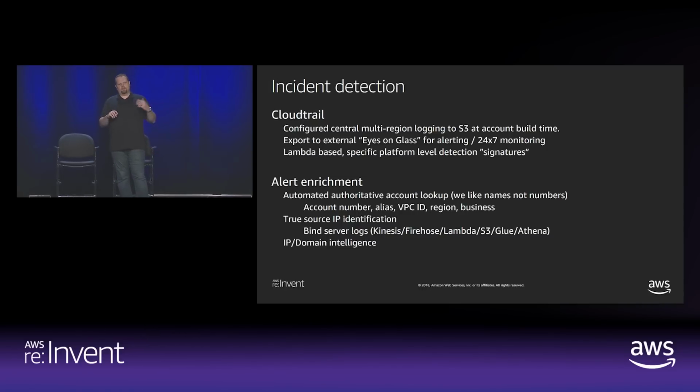But exporting that to the eyes on glass, like I said, for 24/7 monitoring. But you can also just keep that natively in AWS, like again using CloudWatch, CloudTrail, Lambda, and then you can take actions on that, like the playbooks that I just described. And one thing that I've really noticed about shipping CloudTrail or VPC Flow or anything for that matter is latency.